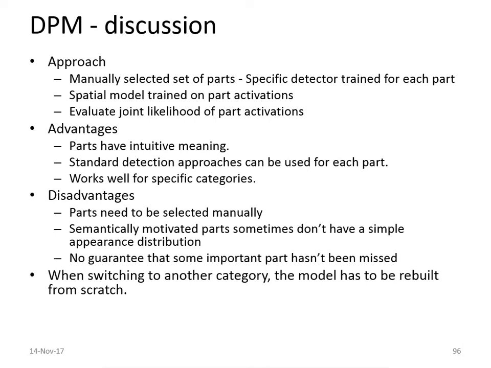And sometimes there's no guarantee. Some components may be missing. For example, if there's occlusion, maybe the legs disappear and the arm disappears. That will affect your detection result. And when you want to switch to another category, you just need to rebuild everything.